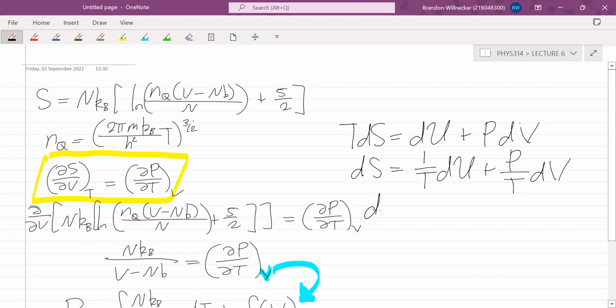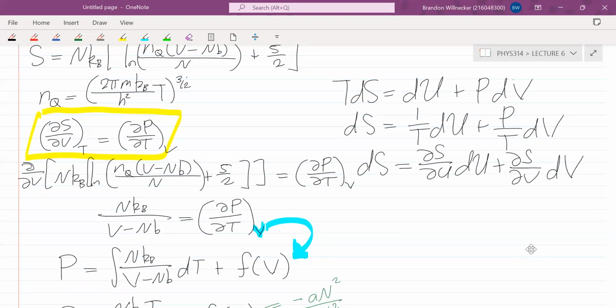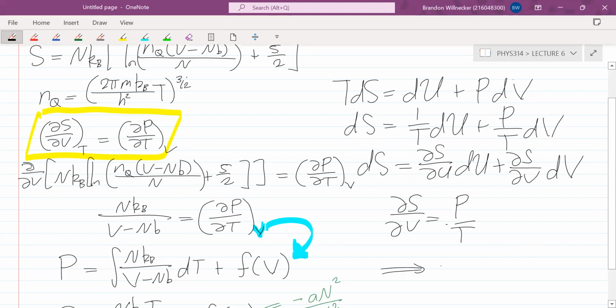I also know that dS is going to be (∂S/∂U) dU plus (∂S/∂V) dV, just from taking the total differential. So if I compare the terms there, I know ∂S/∂V is equal to p over T, which means that p is equal to T ∂S/∂V.